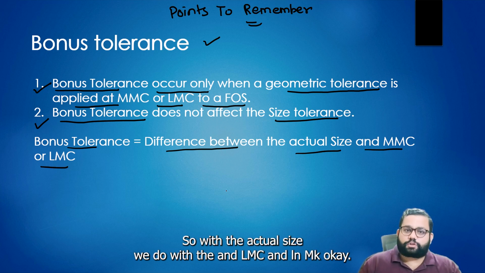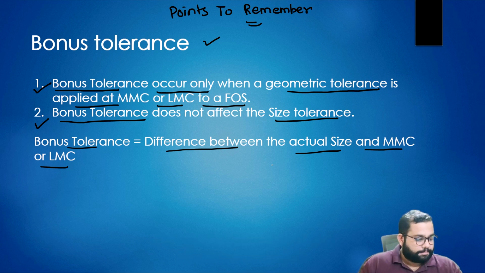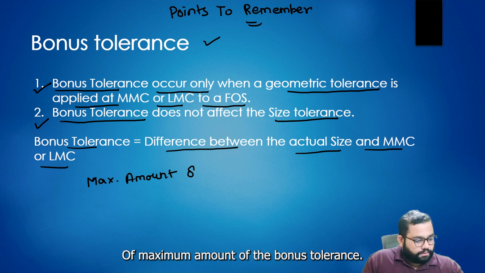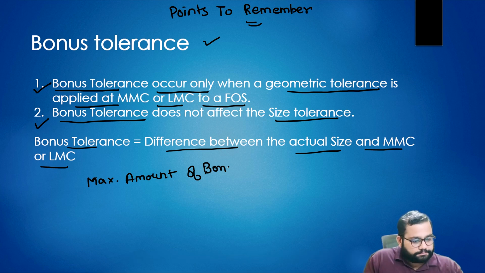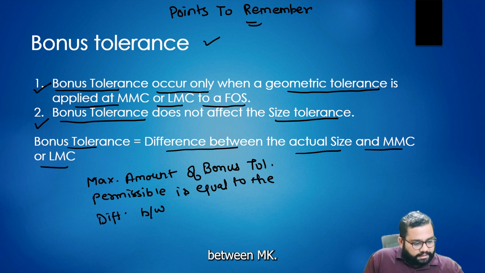So the maximum amount of bonus tolerance permissible is equal to the difference between MMC and LMC.